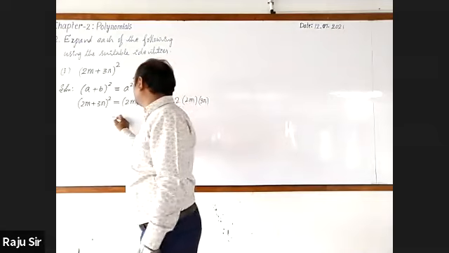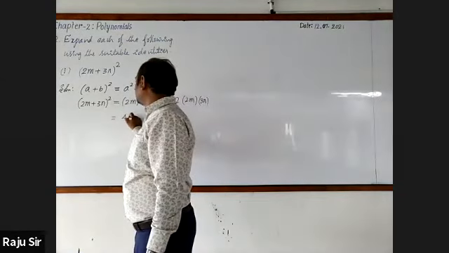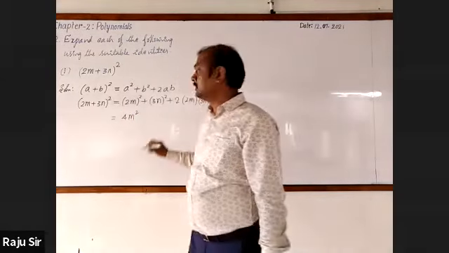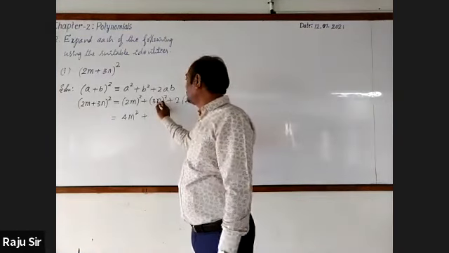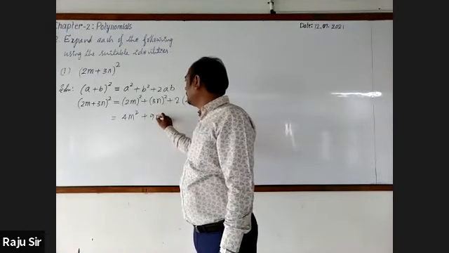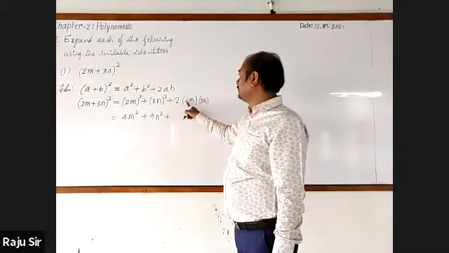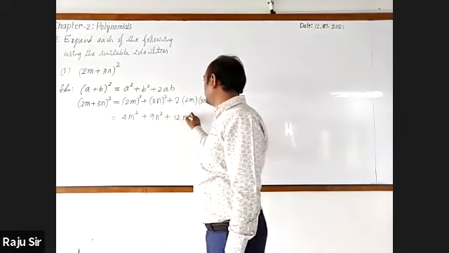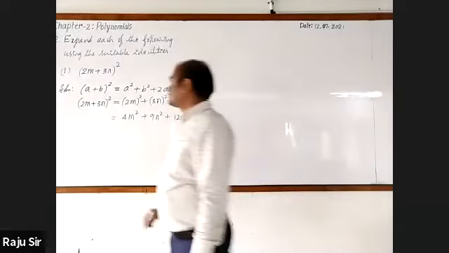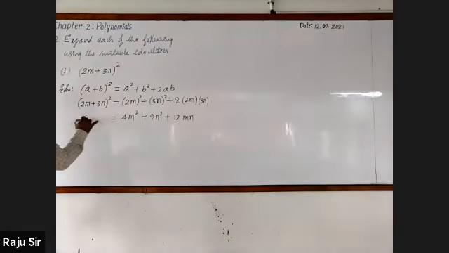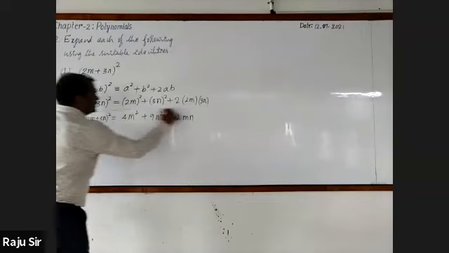It is equal to (2m) whole square is 4m square, (3n) whole square is 9n square, 12mn. 2 2s are 4, 4 3s are 12mn. Therefore, (2m + 3n) whole square is equal to this.